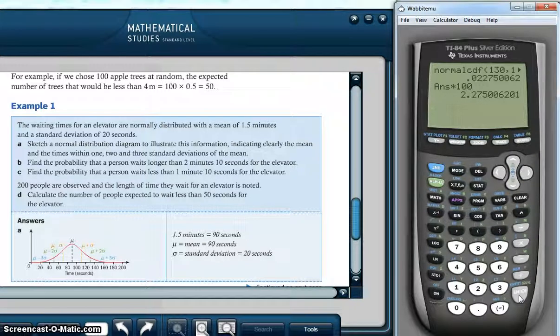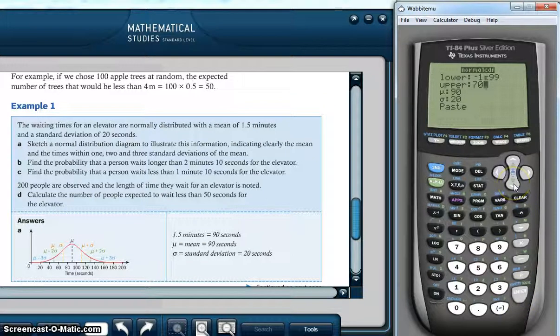So now what's the probability that a person waits less than 1 minute and 10 seconds, so 70 seconds? Go back. Do it again. Okay, now my lower, because it's less than, is -1 to the 99, and my upper is that 1 minute and 10 seconds, so 70 seconds.